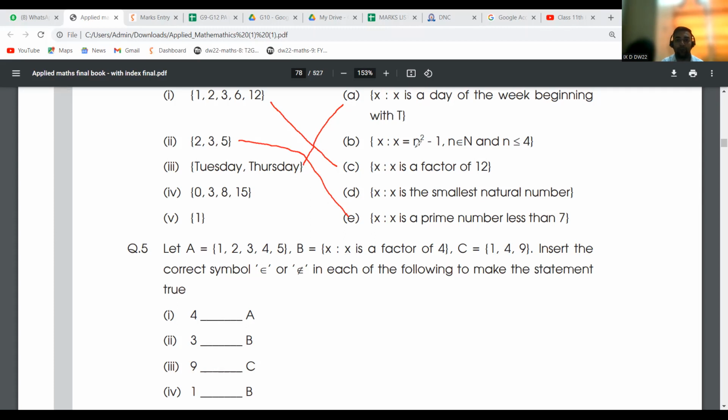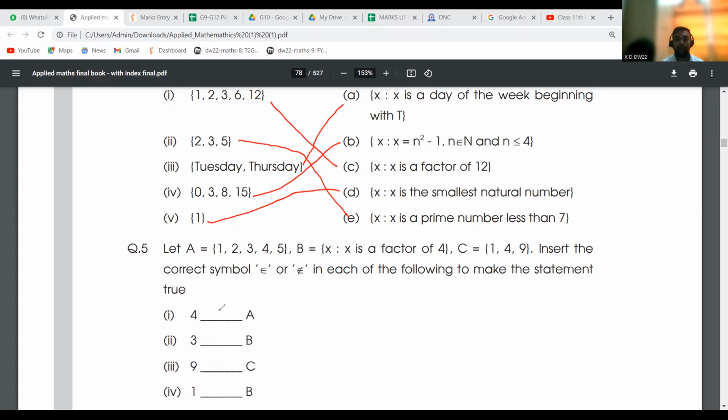So if you put 1 here, because n belongs to N, it will start with 1. 1 square minus 1 becomes 0, right? And so on, it will go on like that. And 1, which is the smallest natural number, this is the D part. So this is how you can match these.